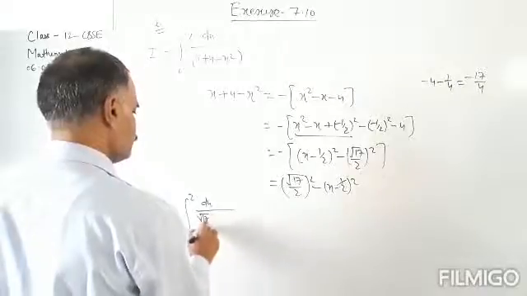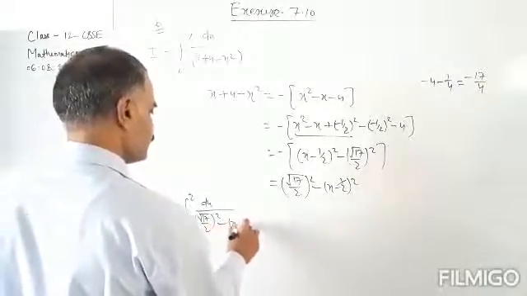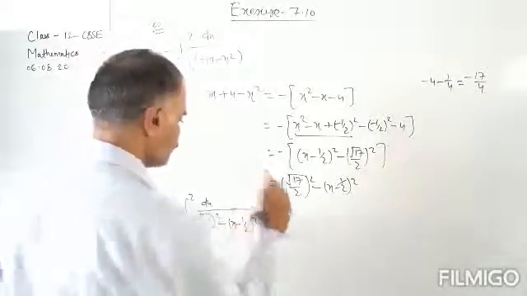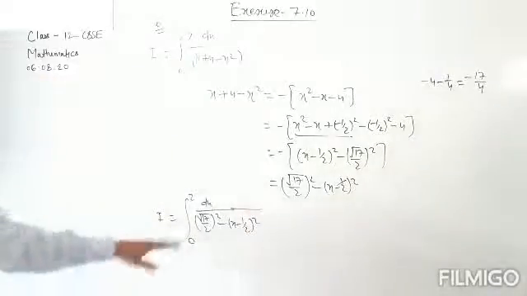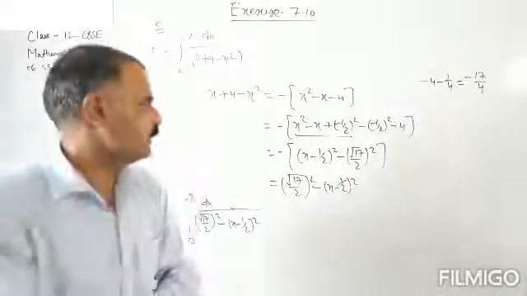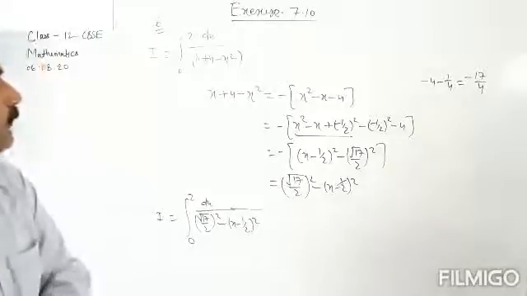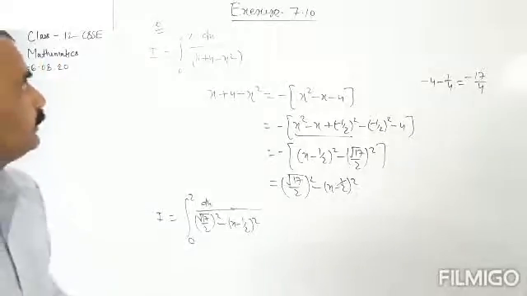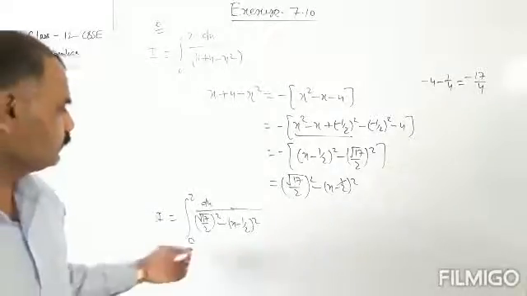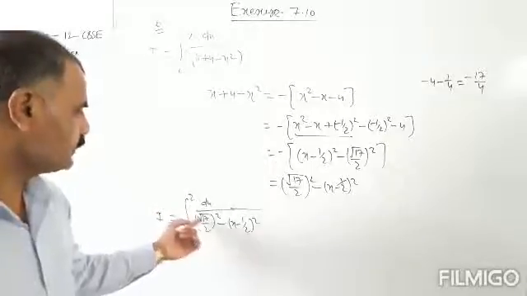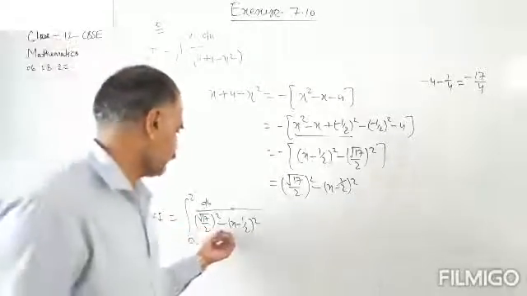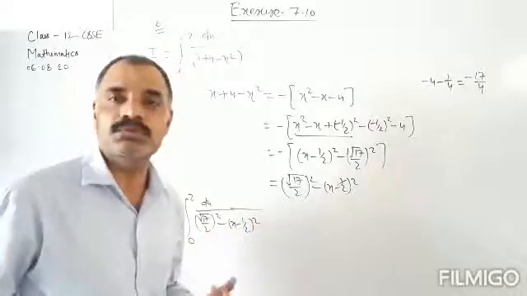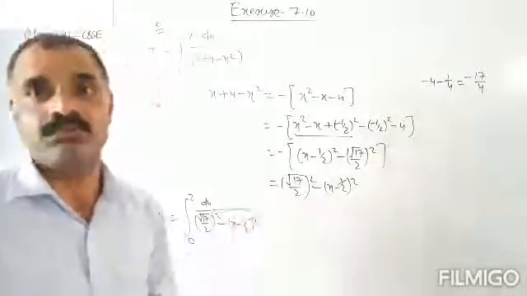Okay. So the integration will be changed into 0 to 2 dx upon under root 17 by 2 whole square minus x minus 1 by 2 square. So the new integration after making the square of the denominator is this, that is a square minus x square.